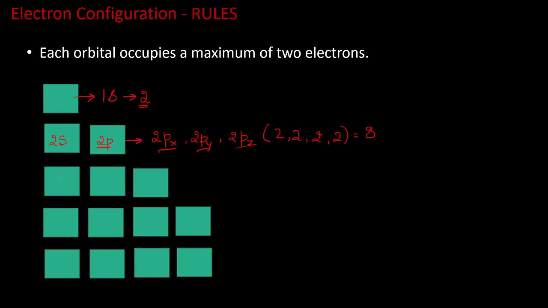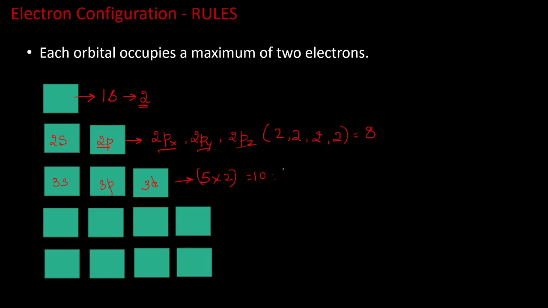Talking about the third shell, which is 3s, 3s can occupy 2 electrons here, 3p which can occupy 6 electrons, and talking about the 3d, you see that 3d can exist in 5 different shapes, and because it is 5 different shapes, each orbital can occupy 2 electrons, and therefore it can occupy 10 electrons.